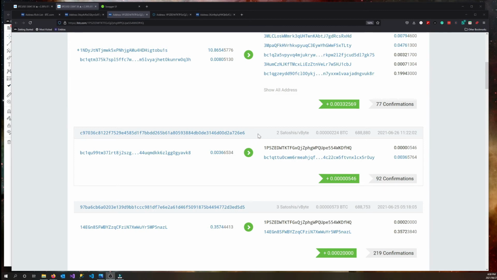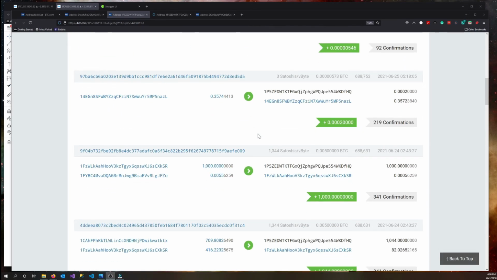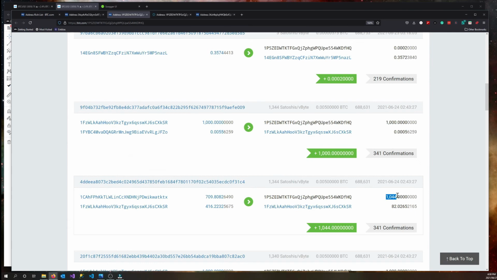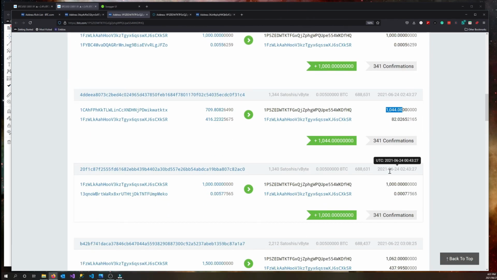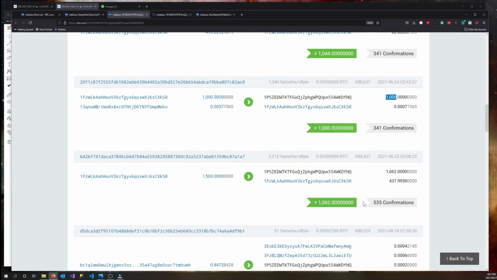Let me illustrate. I'm just scrolling down. On the 24th of this month, that was 3 days ago, there was 1,000 Bitcoins that he or she bought. Another 1,044 also on the 24th. And again on the 24th, another 1,000. That makes it 3,044 so far. And on the 22nd, another 1,062 Bitcoins.